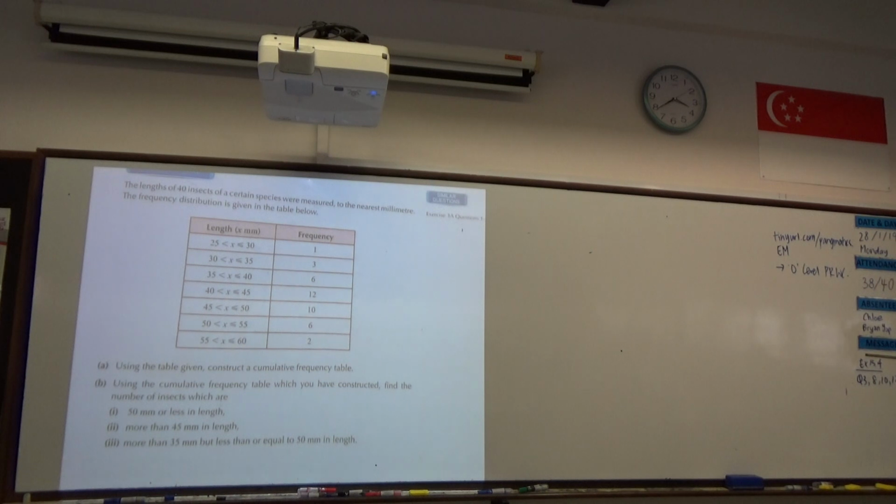Why suddenly this color? Draw the table.